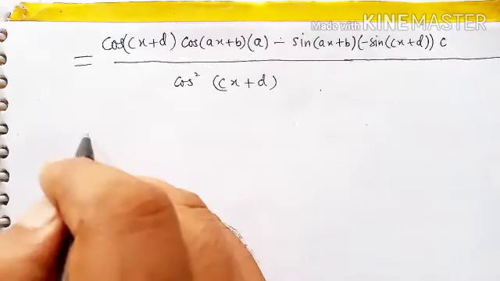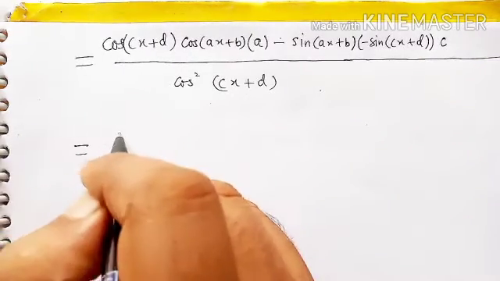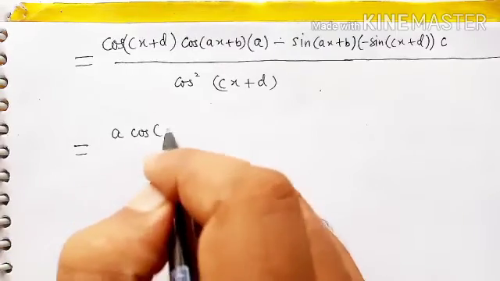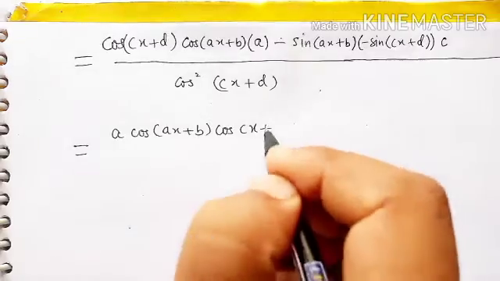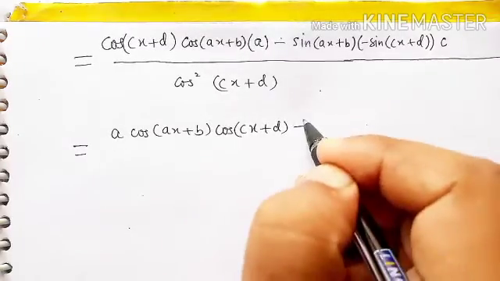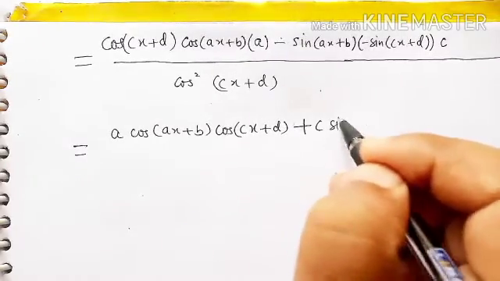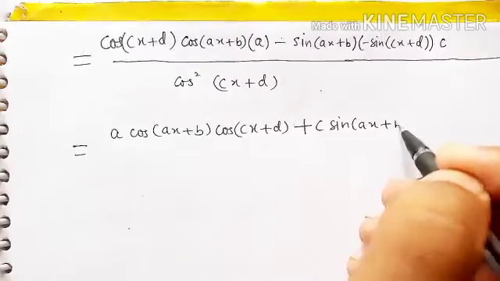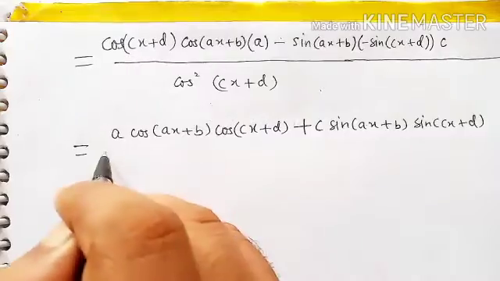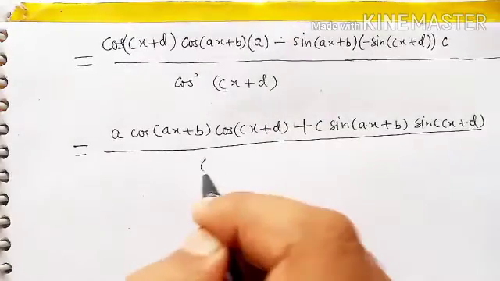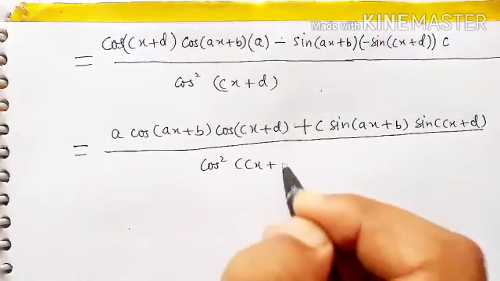Now it can be rearranged as a cos(ax plus b) cos(cx plus d) plus c sin(ax plus b) sin(cx plus d), divided by cos square(cx plus d).